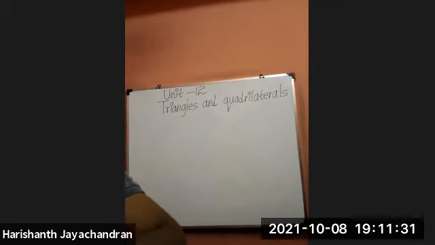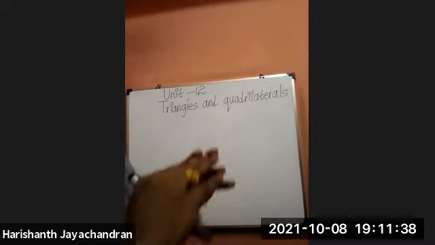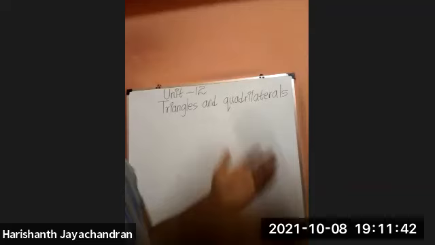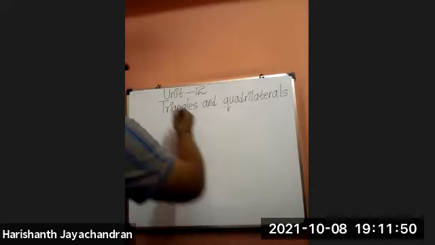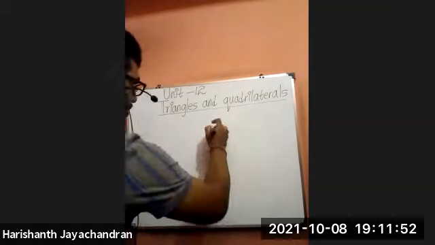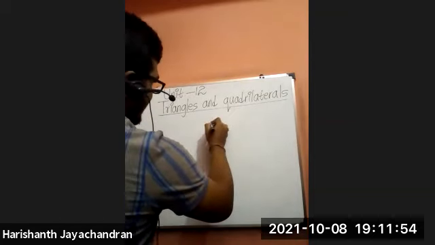I'm asking you all how many straight line segments we require in order to form a closed 2D plane figure. Let me say like this. I'll take a straight line segment in this way.